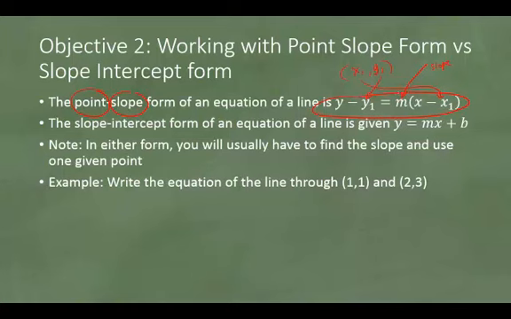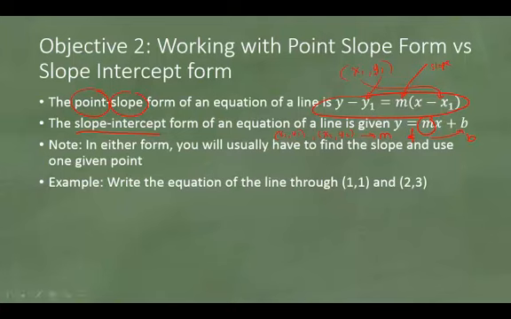The slope-intercept form of a line: you'll usually have to find the slope m. So you'll need an x1, a y1, an x2, a y2, and you'll use that to find a slope m, and then you still have to find the y-intercept b, as we call it.